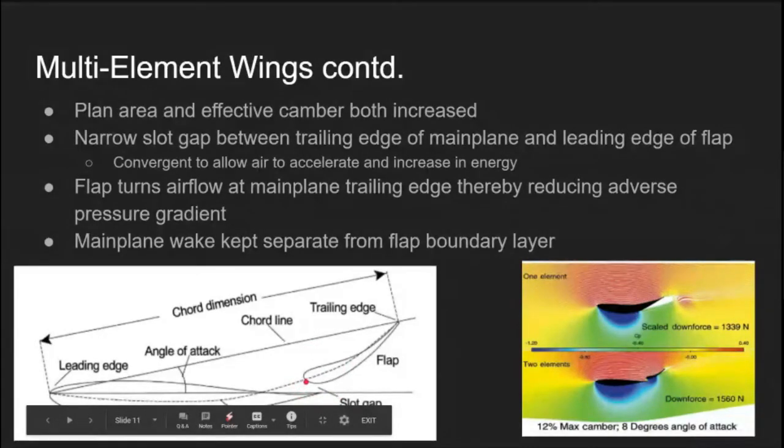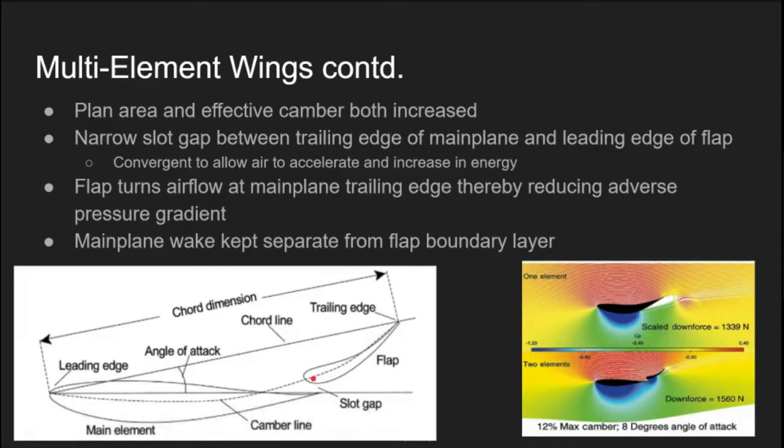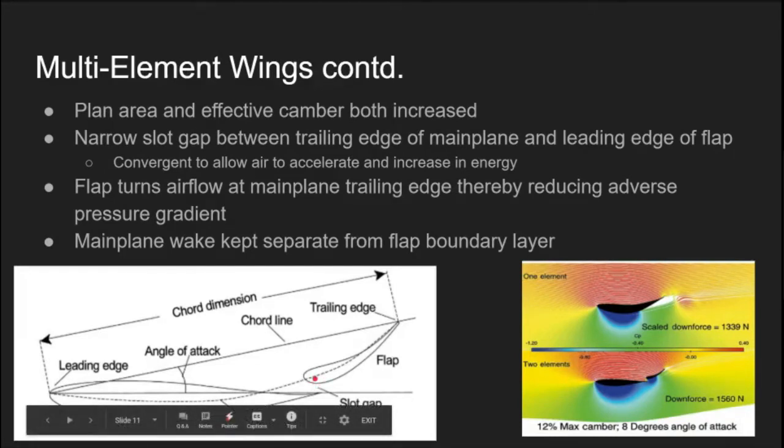There's a lot of textbook material on what this gap should be, how much it should overlap, and what the size of the flap should be, but a lot of it is still trial and error based on the type of airfoil and profiles that you have. You have to play around with it and try to get a gap that works best for your scenario, right?